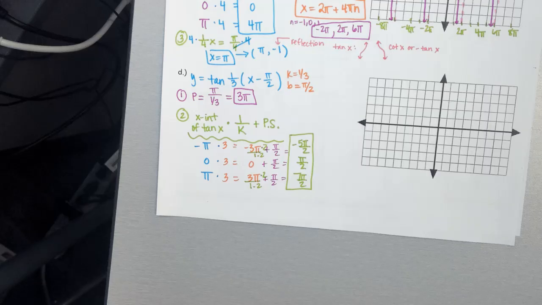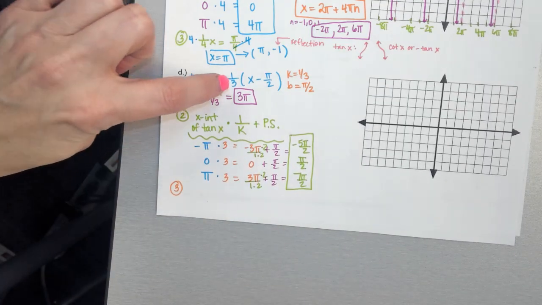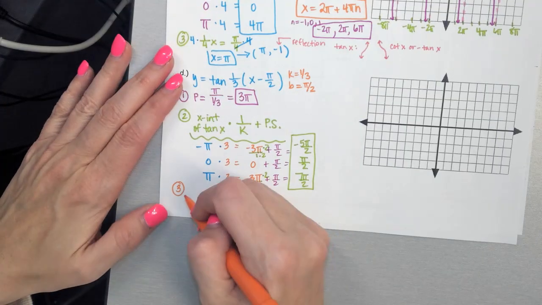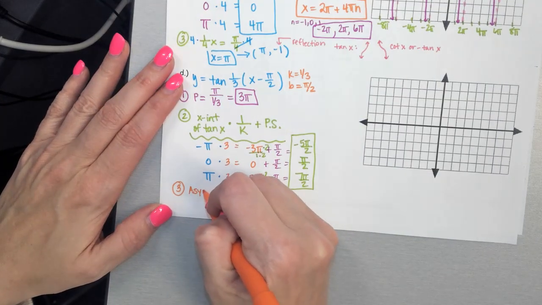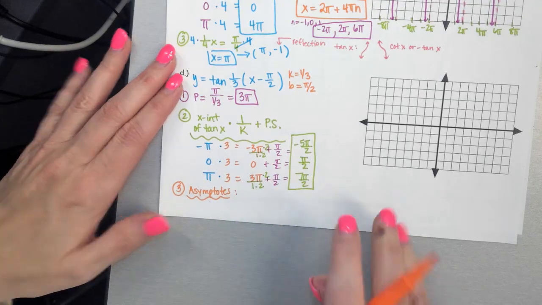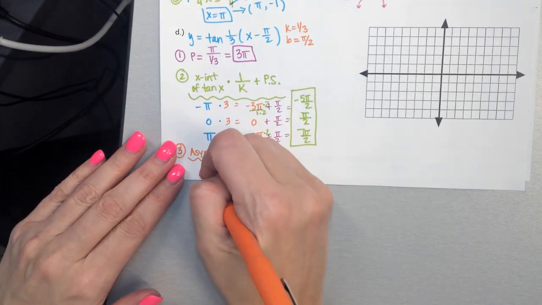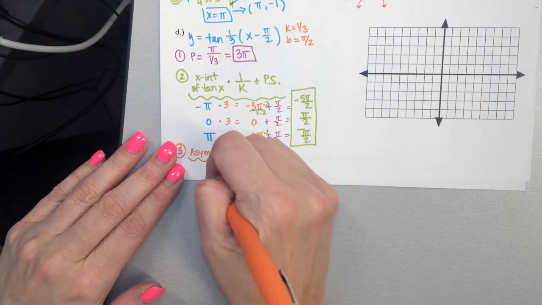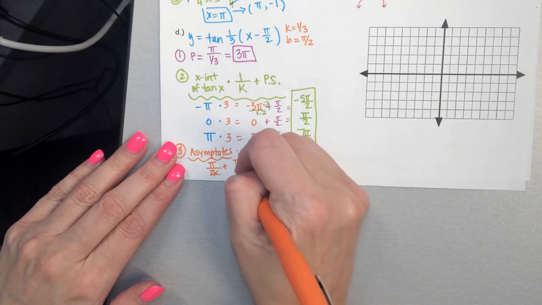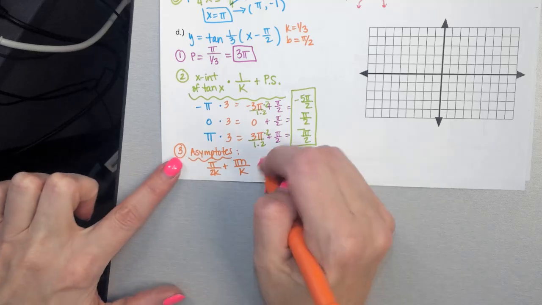For the asymptotes, this is something that we haven't had before. We haven't had the transformation and the phase shift, which means you have to take the equation that they give you and add that phase shift. The equation is pi over 2k plus pi n over k. That's your equation for the asymptotes.